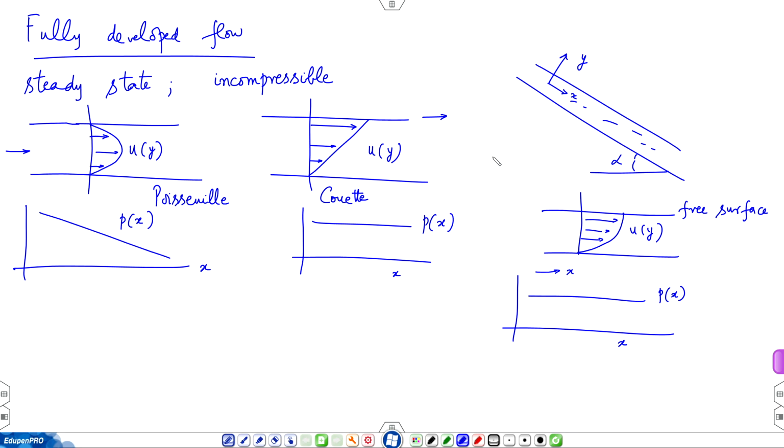If you want to study entrance effects or edge effects or flow development, you have to revert to the full form of Navier-Stokes equations.